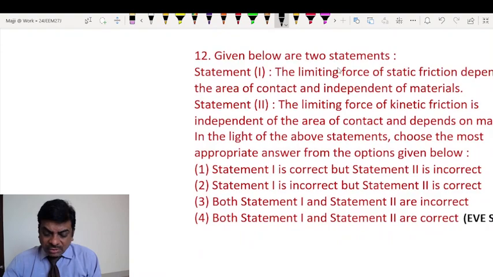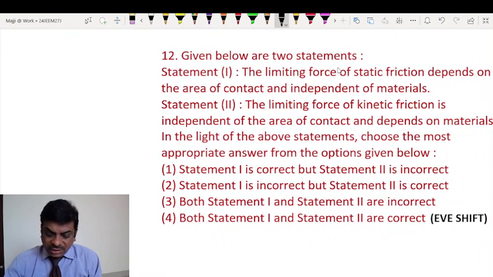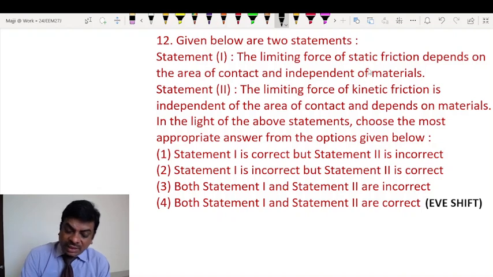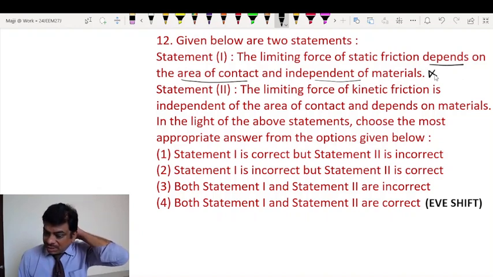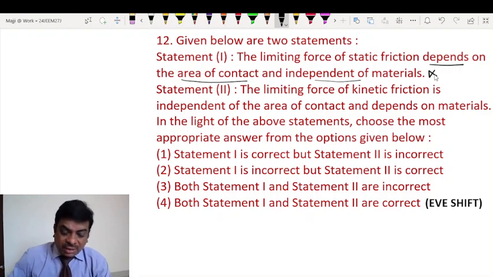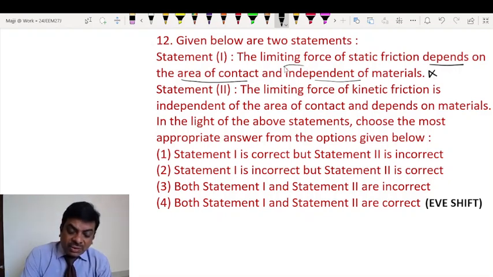Given below are two statements. You can see statement 1 states the limiting force of static friction depends on the area of contact and is independent of material. This is absolutely wrong, students, because you know that the limiting force of static friction does not depend on the area of contact, and it depends on the nature of the surface. In other words, it will depend on the material.